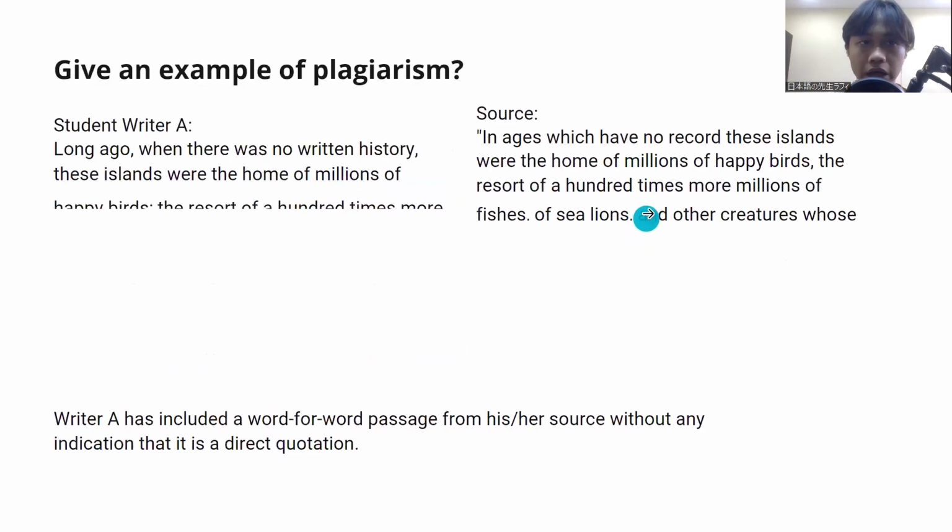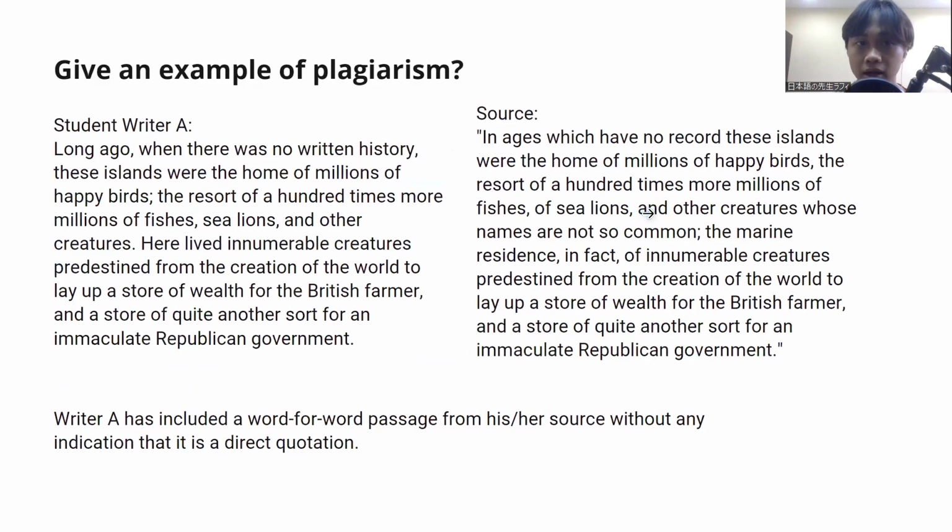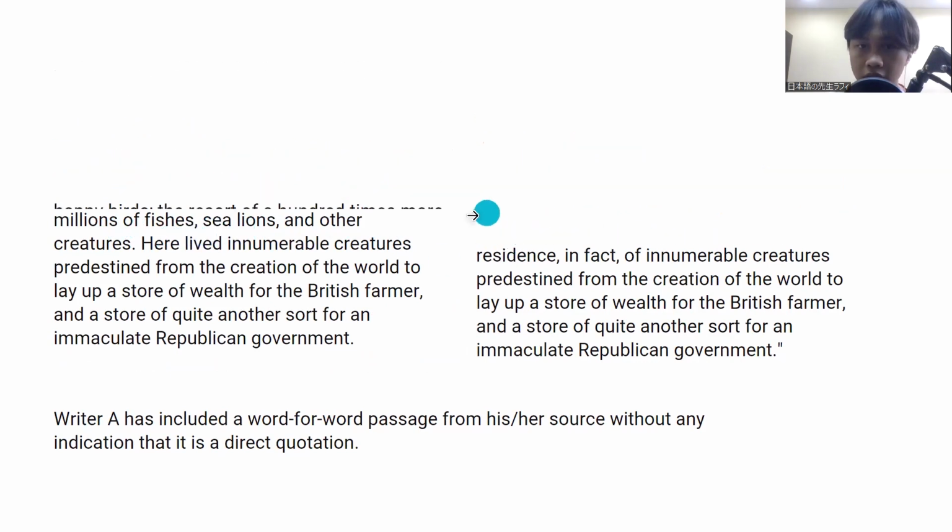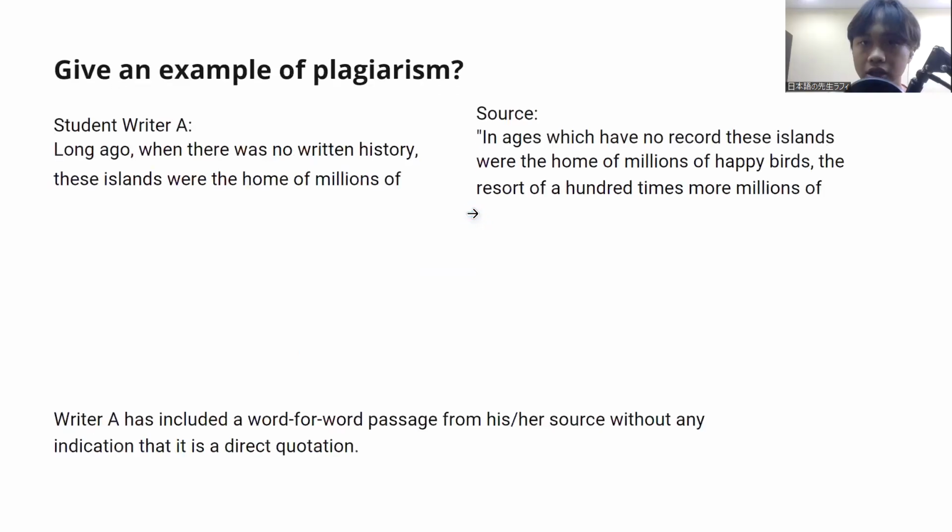The next question is, give an example of plagiarism. You can see on the left is student writer A, and on the right is the source. We can see that student writer A just copied the text from the source, which contains like a million fishes, sea lions, and other creatures, and also there is the same character in the source.